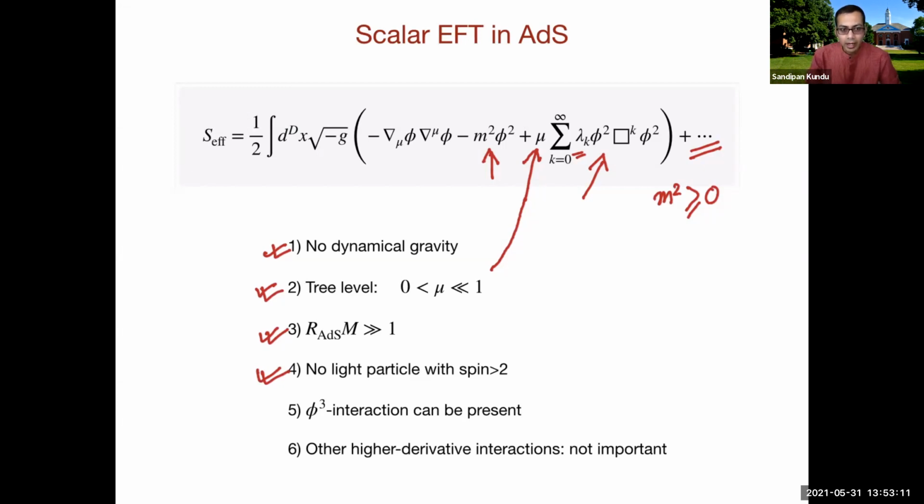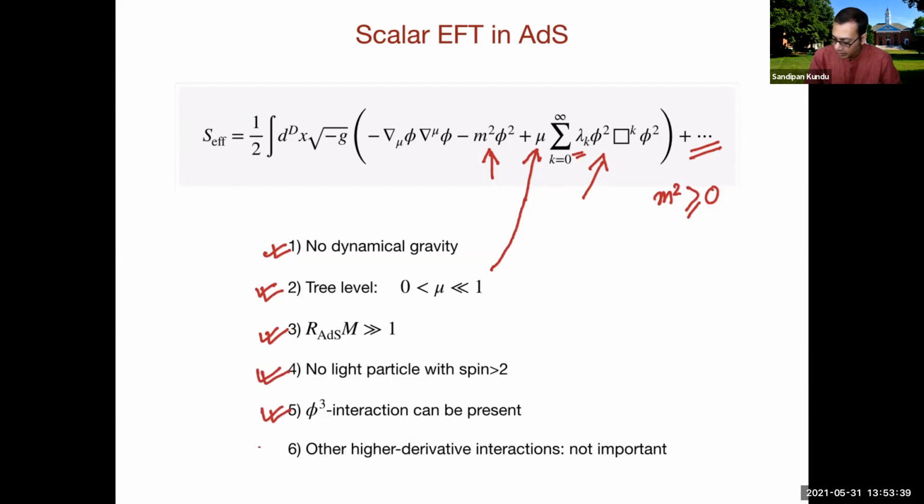I'm going to assume that. And also, if you look at the effective field theory, there is no phi cubed interaction. That does not mean a phi cubed interaction cannot be present. What I mean is basically, even if there is a phi cubed interaction, that will not affect the final bounds. However, there is one important thing that I should say. If there is a phi cubed interaction in low spacetime dimension, it can actually make the flat space limit more subtle.